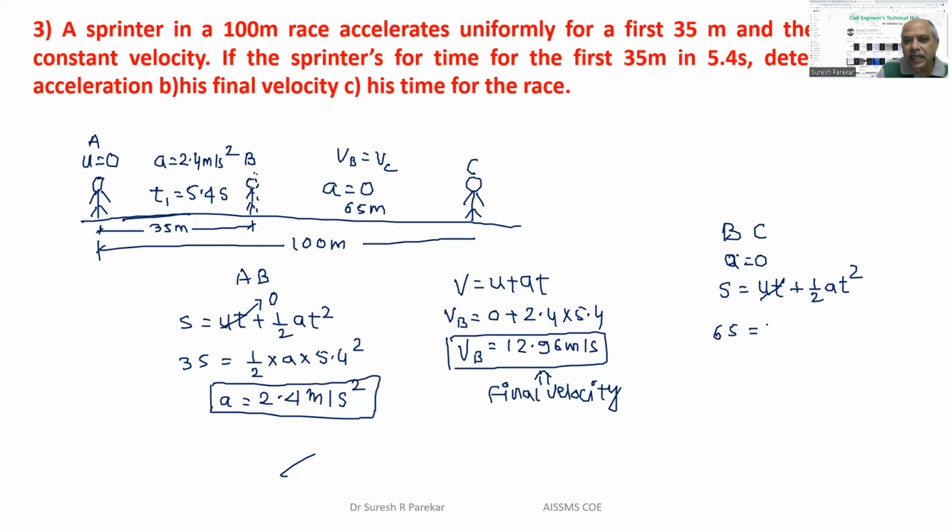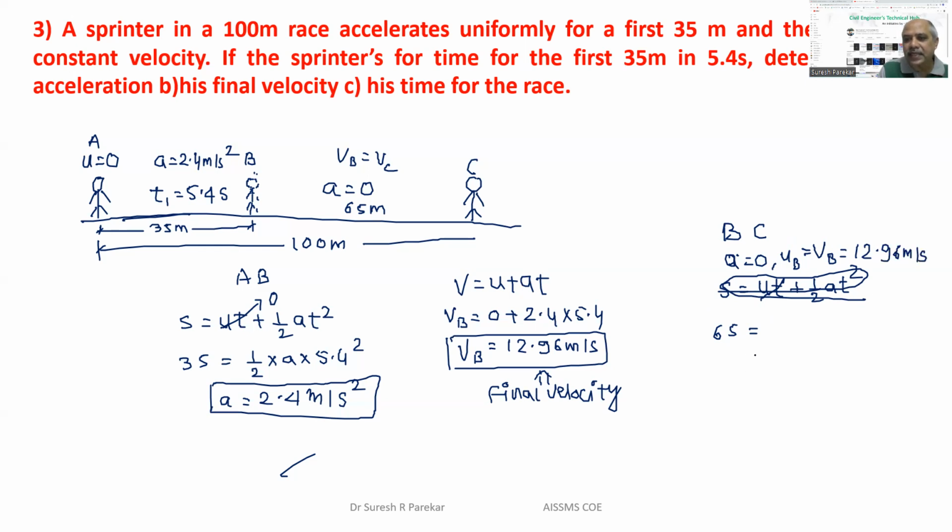Now we have a equal to 0. So now BC, write down the data: UB is equal to VB equal to 12.96 meter per second.